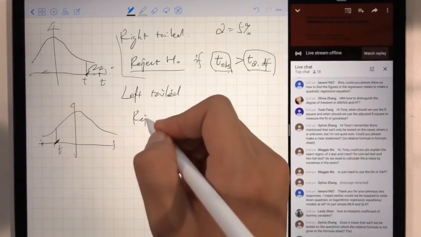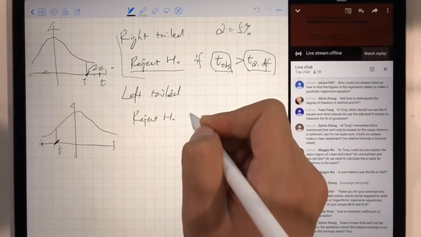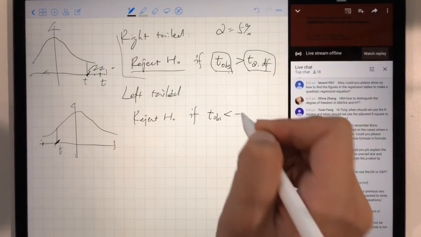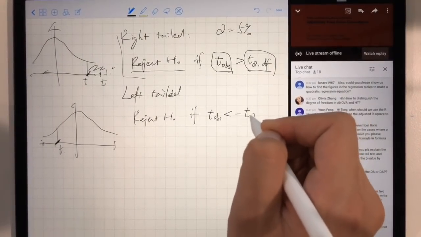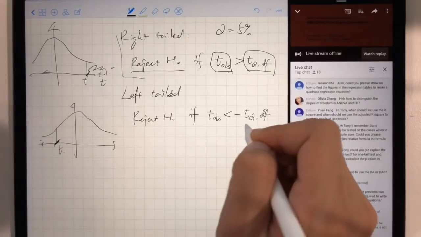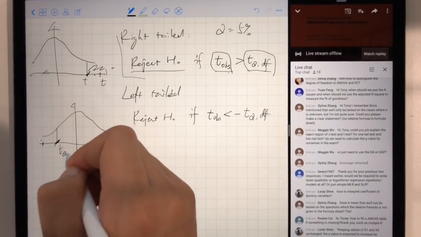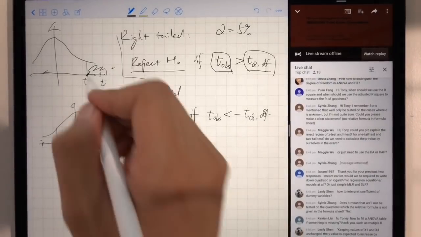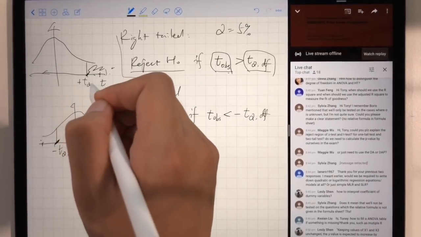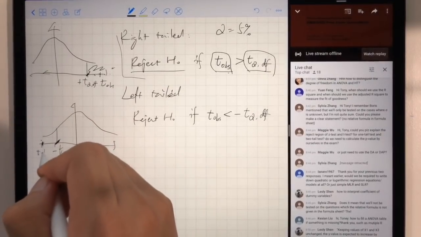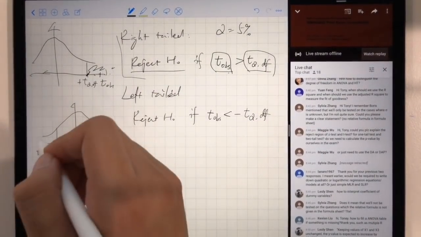So here we reject the null hypothesis if your observed value is less than minus T alpha with certain degrees of freedom, okay? This is positive T alpha with certain degrees of freedom, and this is your T observation, okay?